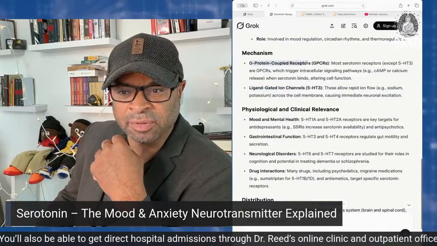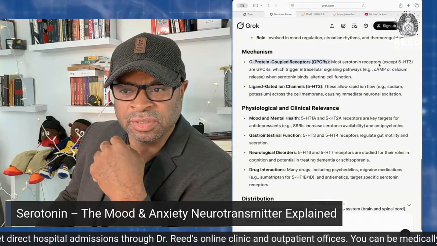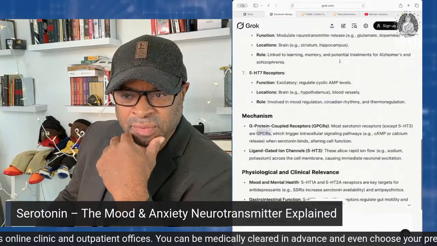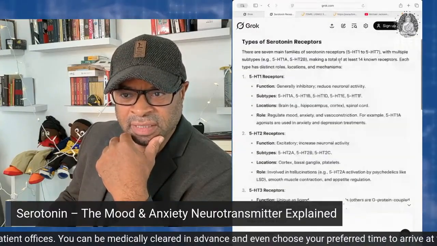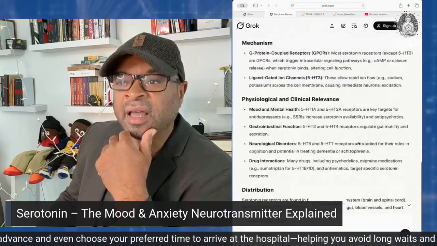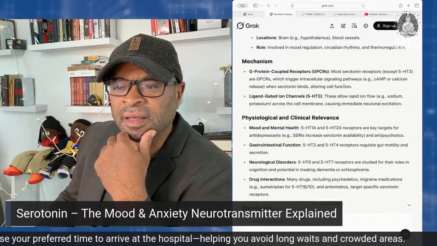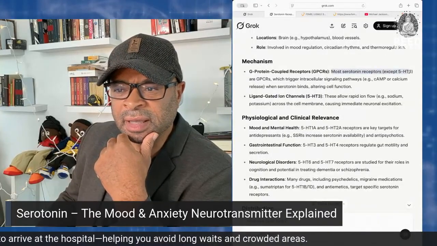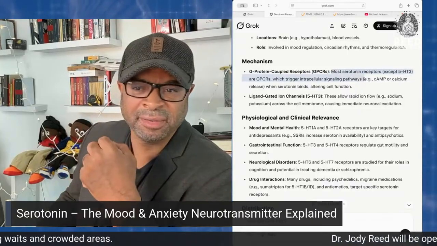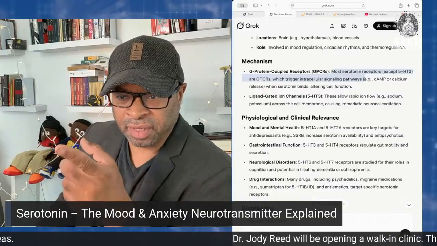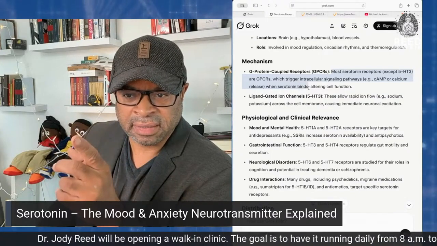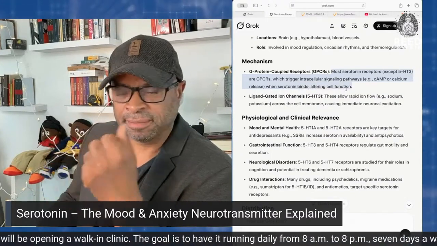Most serotonin receptors, except 3, are G protein receptors, which trigger intracellular signaling pathways, including cyclic AMP or calcium release when serotonin binds, meaning it alters cell functioning.